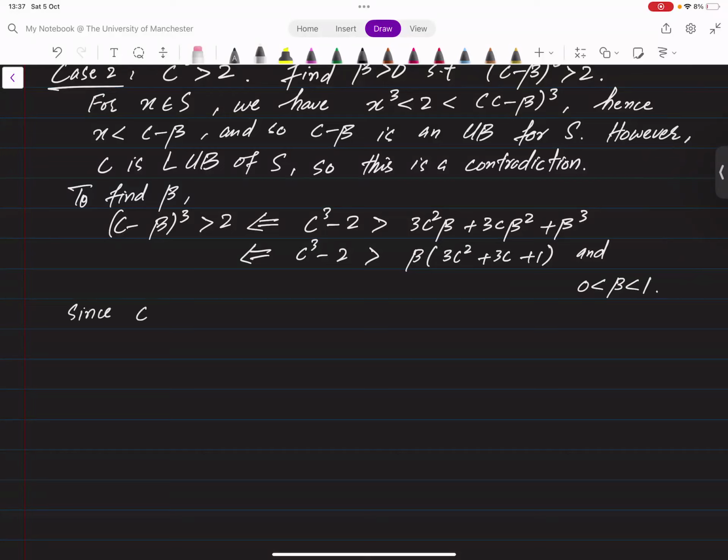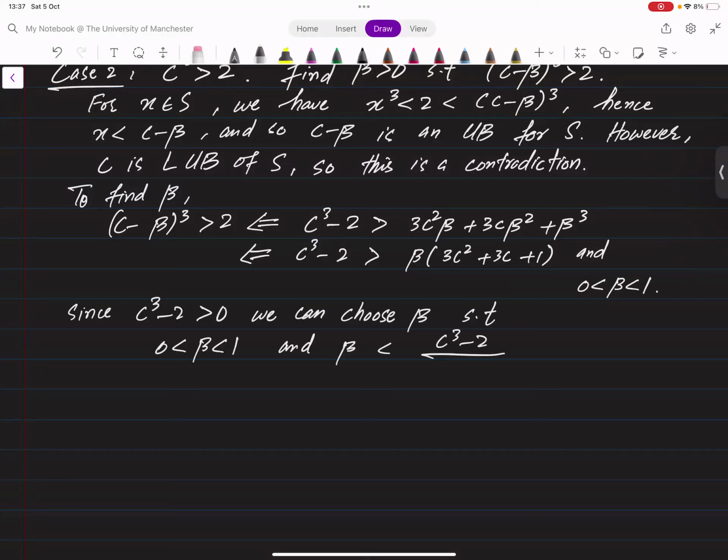Since c cube minus 2 is greater than 0, we can choose beta such that 0 is less than beta is less than 1, and beta is less than (c cube minus 2) over (3c square plus 3c plus 1).